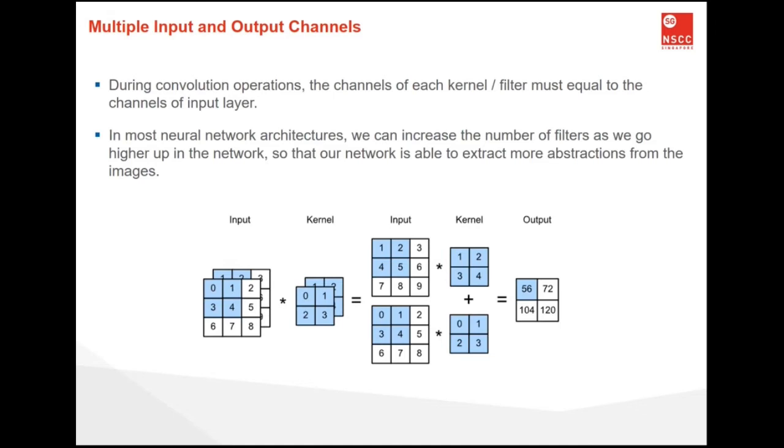Finally, we add the 2 results together to yield a 2-dimensional tensor. In the most popular neural networks, we usually increase the number of filters as we go higher up in the network, typically downsampling to trade off spatial resolution for greater channel depth.